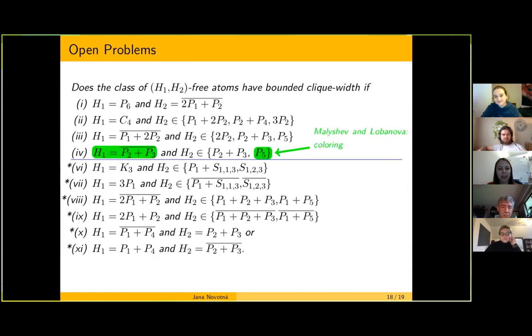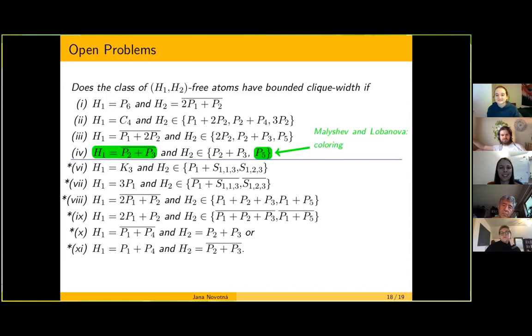Maybe just to pick one: if you forbid P5, the path on 5 vertices, there is a big chance that such graphs have bounded Clique-width of atoms, because there is an already known result by Malyshev and Novotná that coloring on this graph class is polynomial-time solvable. So we would guess that we could try this open case to show that it is bounded Clique-width, but who knows?